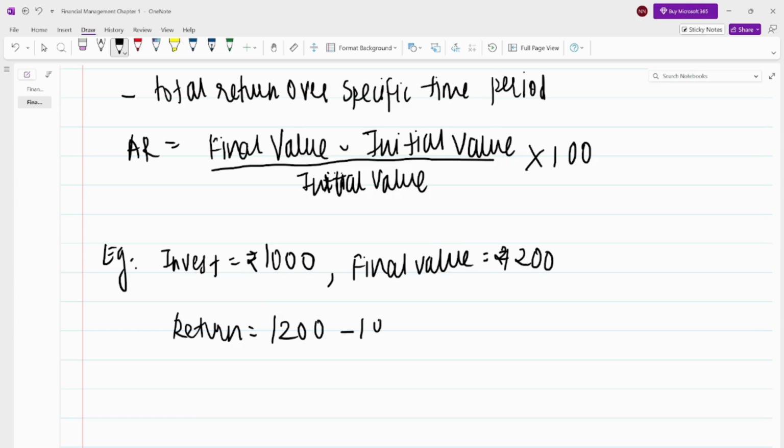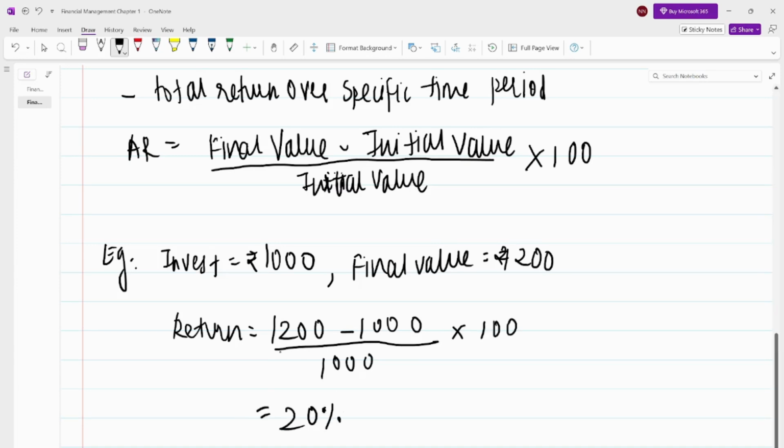So 1200 minus 1000, that is initial value, upon 1000 into 100. It basically gives 20% returns. So investing in a stock of 1000 rupees, you are getting a value of 1200 rupees. So the return the stock gives is 20%.